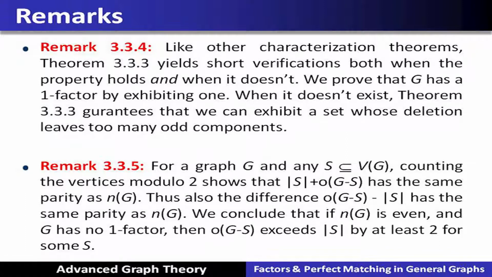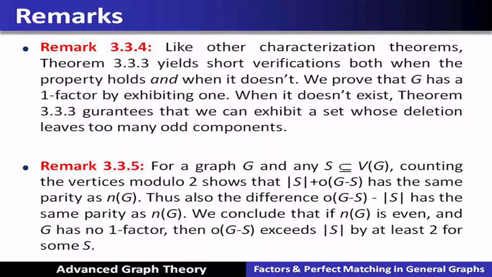Furthermore, for any graph G, if we take a subset S of vertices and count the vertices modulo 2, it will show that the cardinality of S plus the number of odd components has the same parity as n. If we take the difference, it also has the same parity as n.